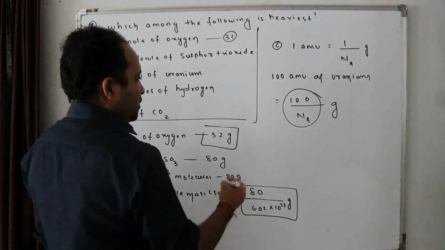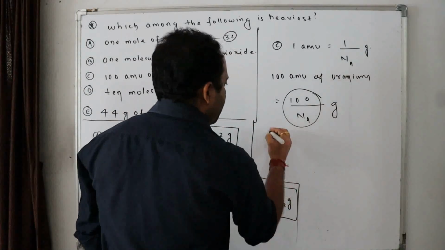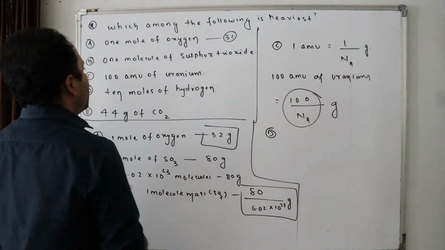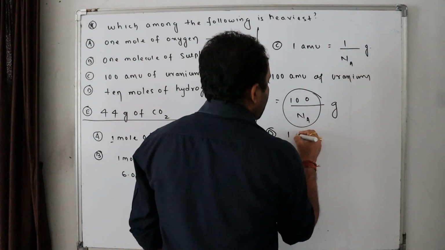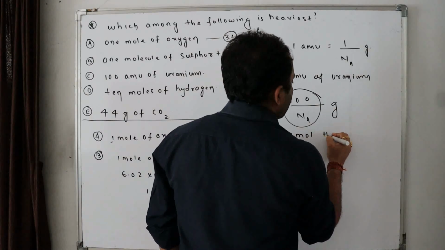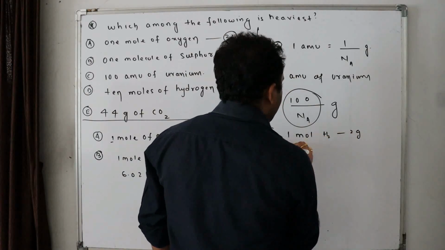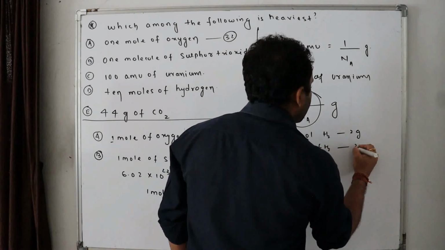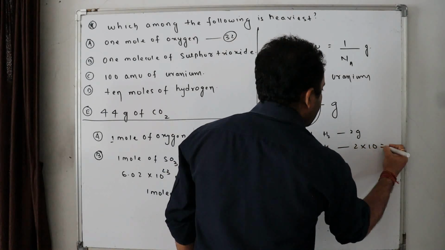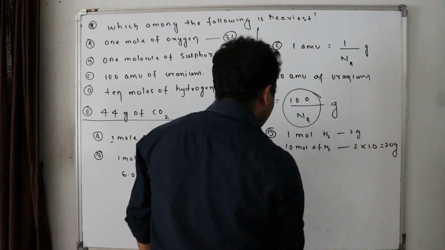Now, D. What is given in D? 10 moles of hydrogen. See, 1 mole of hydrogen is 2 gram. 10 moles of hydrogen will be 2 into 10, that will be 20 grams.